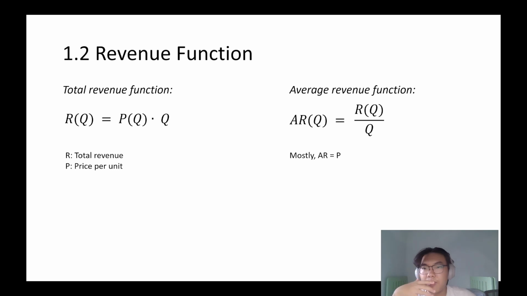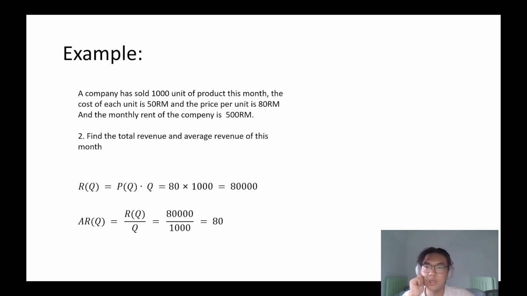Next, let's talk about the revenue function. The total revenue function is the price multiplied by the quantity of our product. And the average revenue function is the total revenue divided by the quantity, which simply equals the price. Let's get to an example. It's still the same circumstance, and the price is 80 ringgit, and the quantity is 1,000.